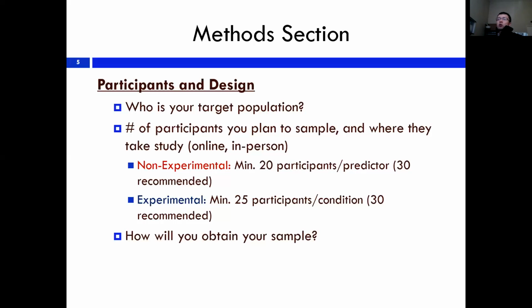Once you figure out who your participants are and how many there are, you probably want to make it clear how you will obtain your sample, what kind of sampling method. Let's go back to week 7 when we talked about sampling methods. We have generally two big categories of ways in which we can recruit participants: random sample and non-random sample.